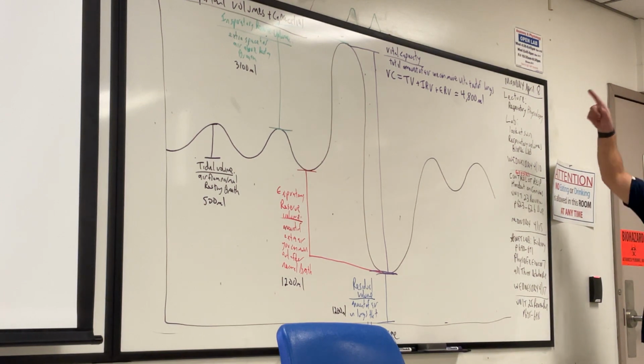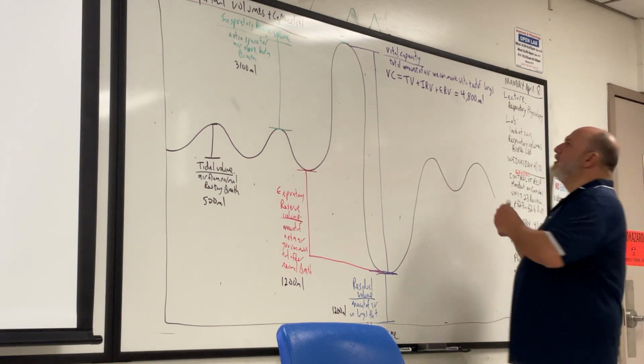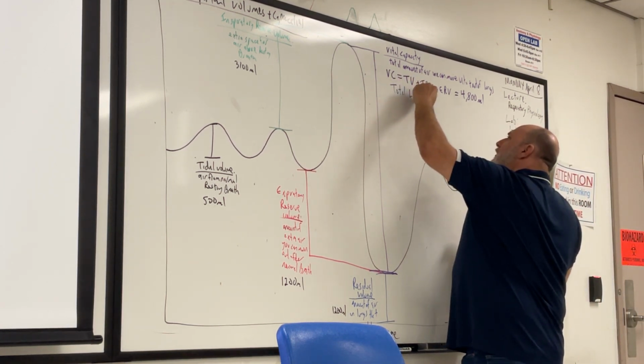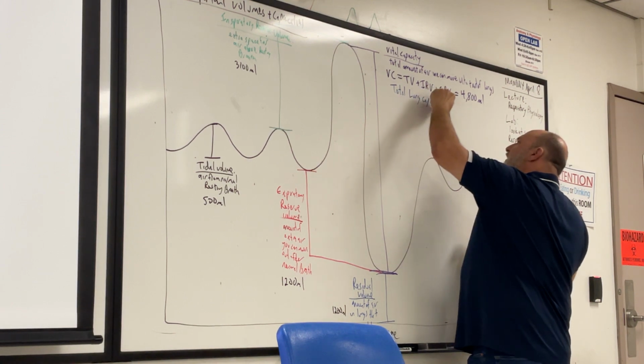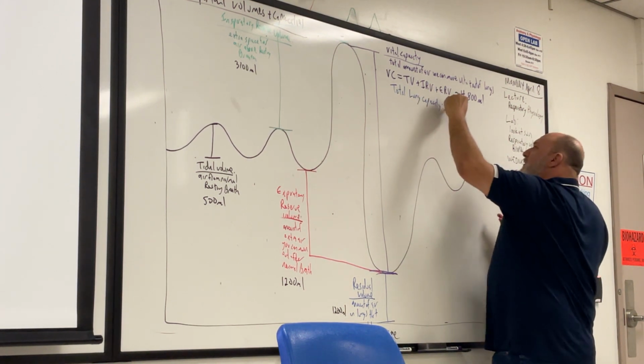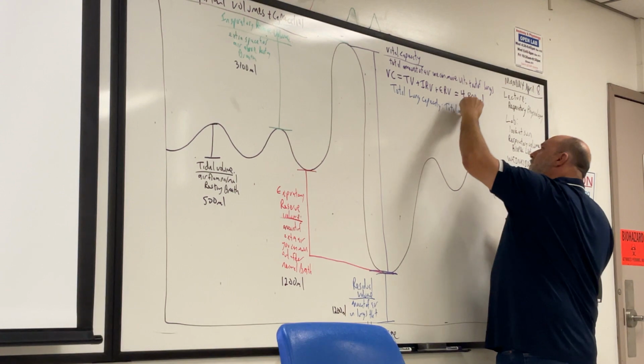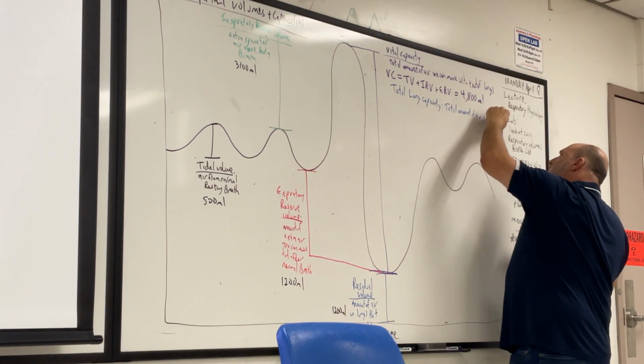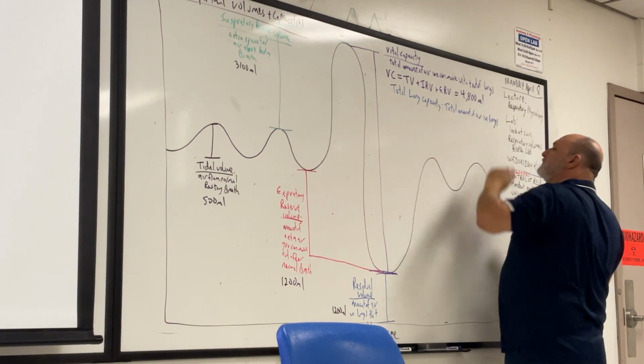Now, vital capacity is the total amount of air we can move into and out of our lungs. But is that our total lung capacity? No. Our total lung capacity would be the total amount of air in the lungs, or capable to get into the lungs.